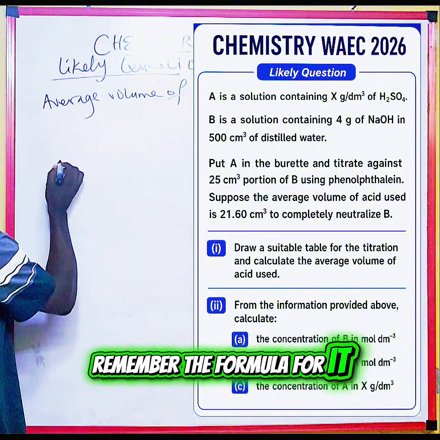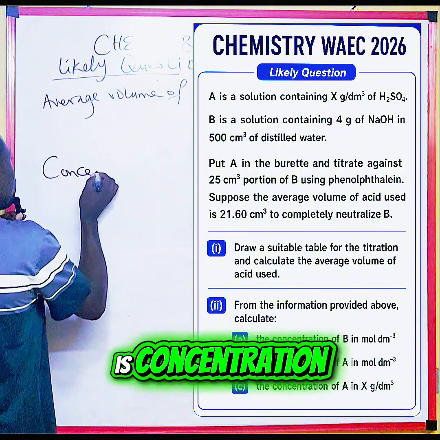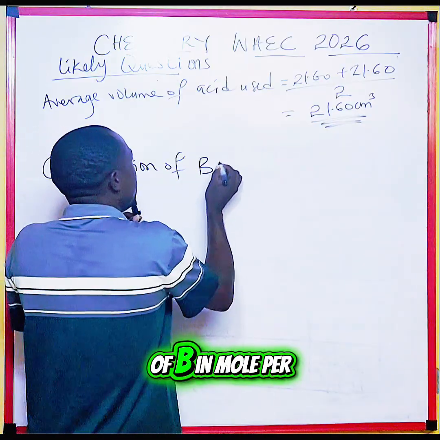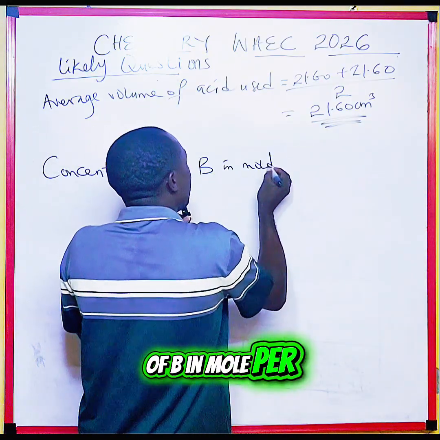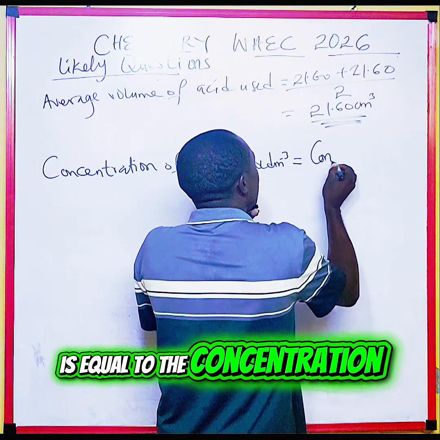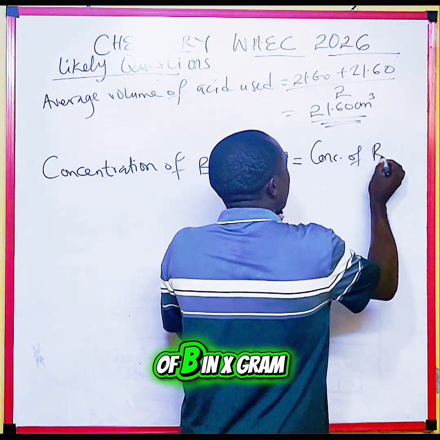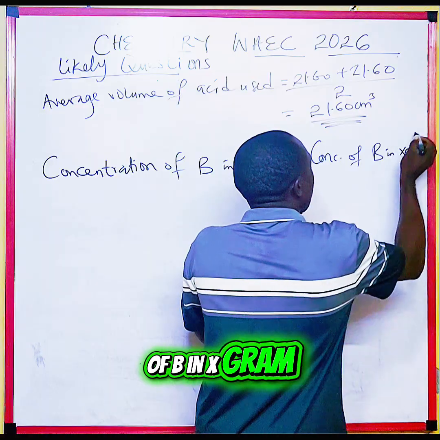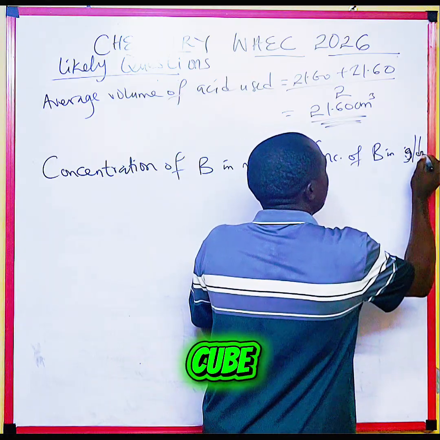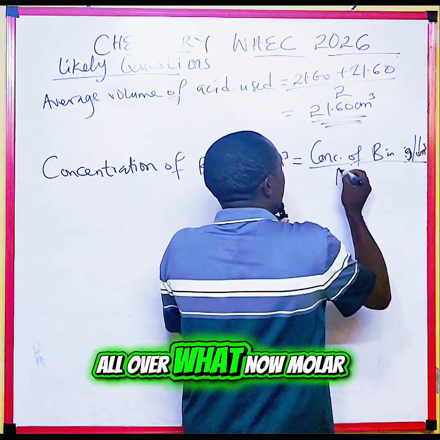Remember, the formula for it is: concentration of B in mole per dm cube is equal to the concentration of B in gram per dm cube, all over what now?